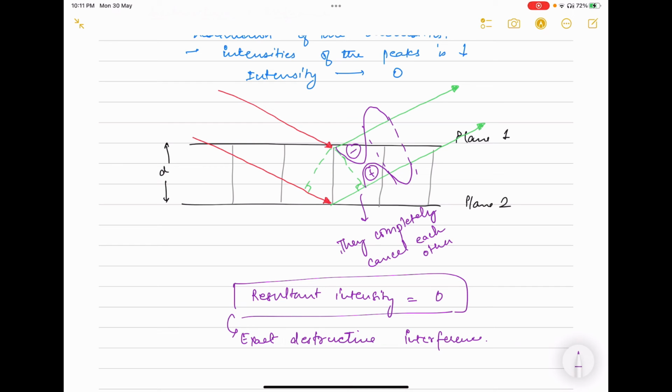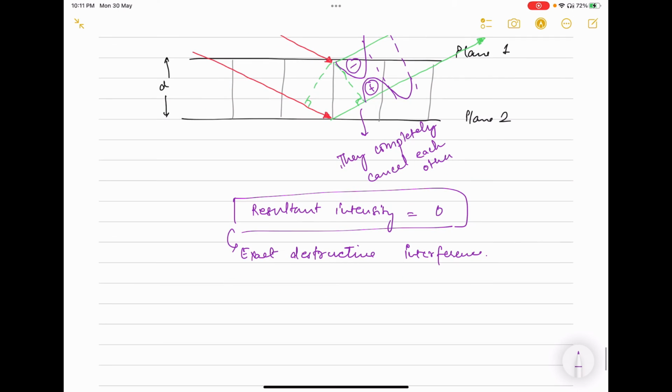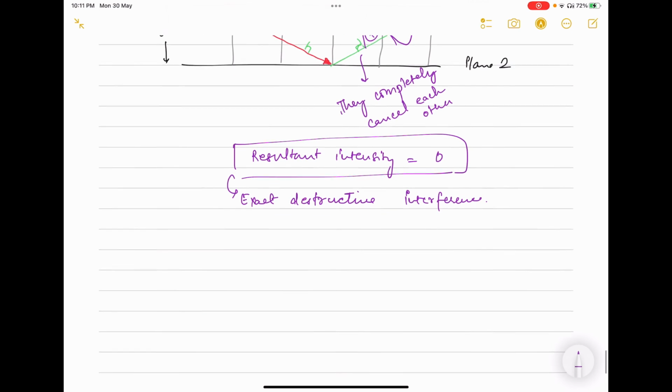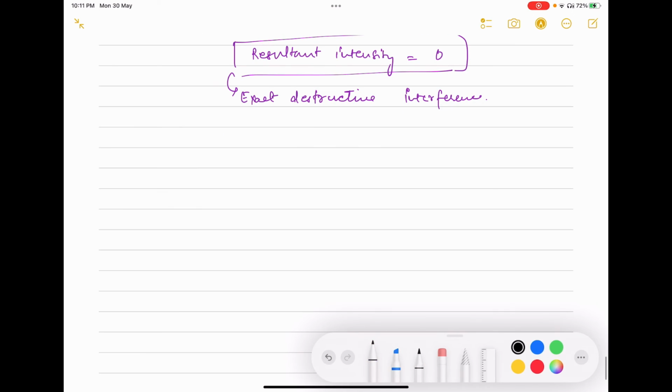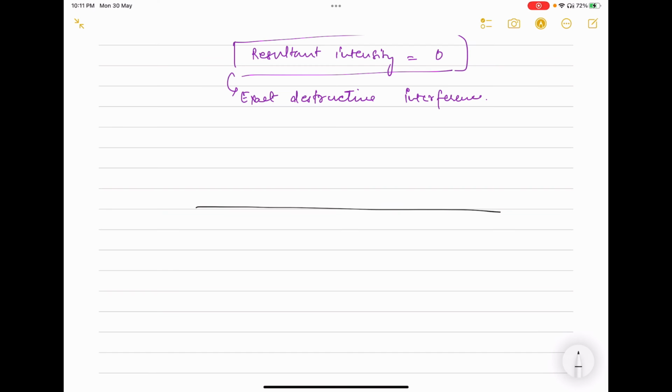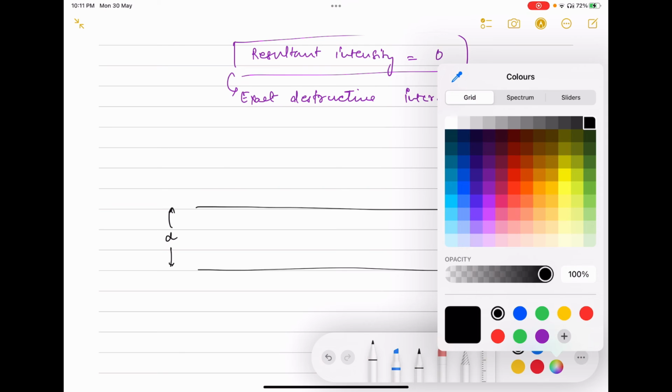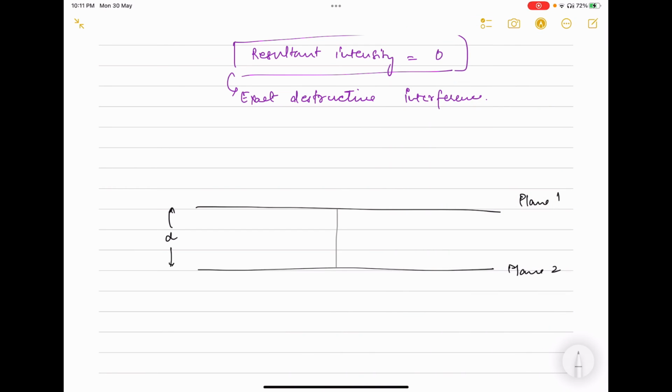Now, a situation can be such that this is not exact, but they are out of phase by some other angle. Now, suppose this is your plane 1, plane 2, interplanar spacing D, and we have these central lines.